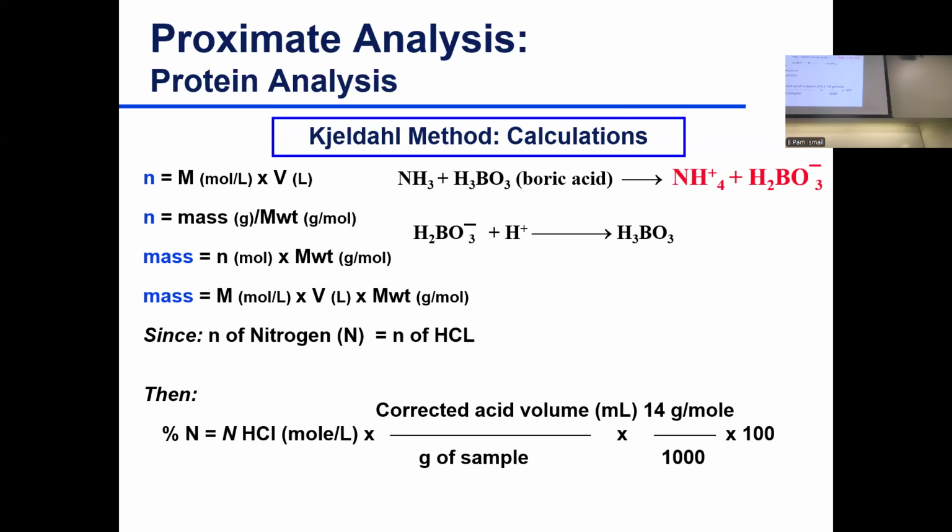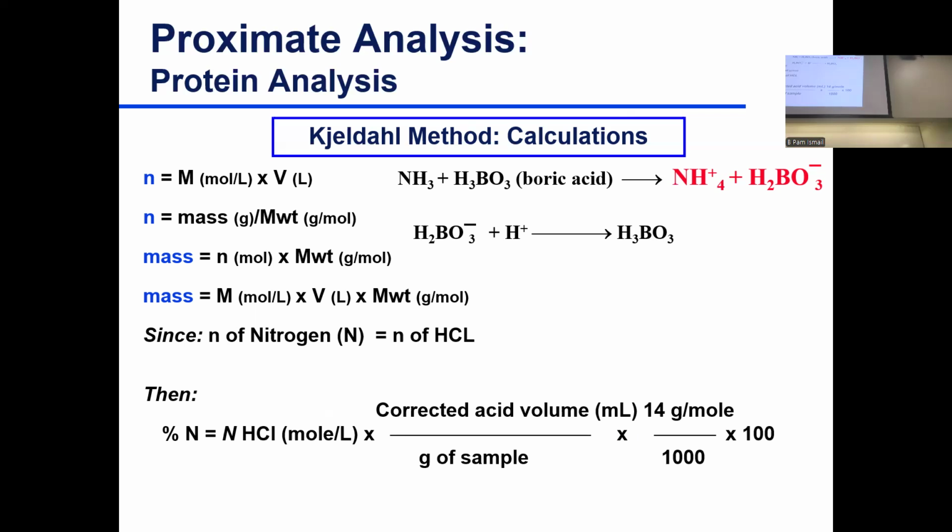All right, so if I say this is the number of moles of nitrogen, it equals molarity times volume for HCl. Okay, so at equilibrium, number of moles of HCl equals number of moles of borate equals number of moles of nitrogen. Are we all following?